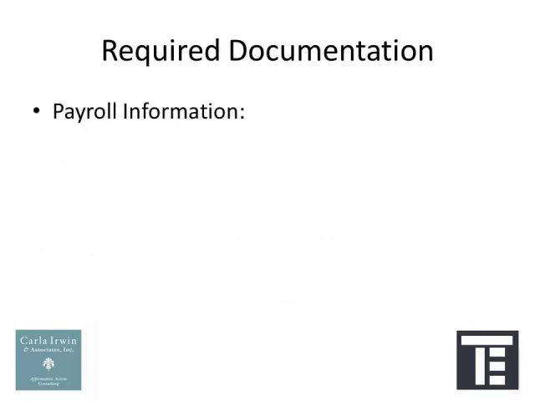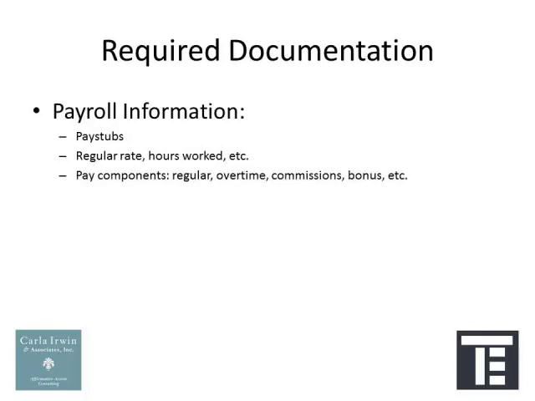So let's talk about some of the required documentation. And basically the required documentation, the way I see it, falls into two different categories. The first category is payroll information. And payroll information is pay stubs, payroll data, information about the regular rate of pay, the number of hours worked per week, overtime hours.